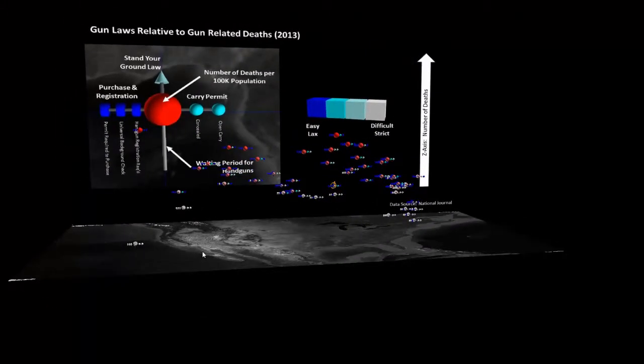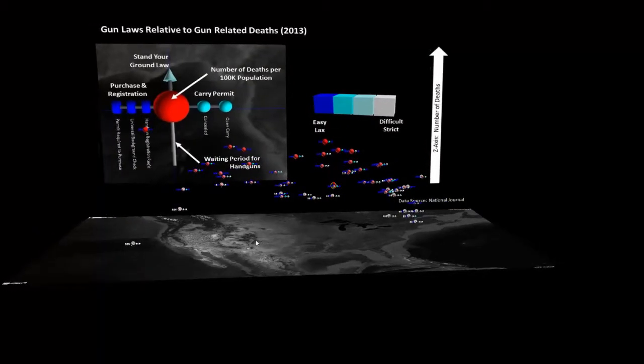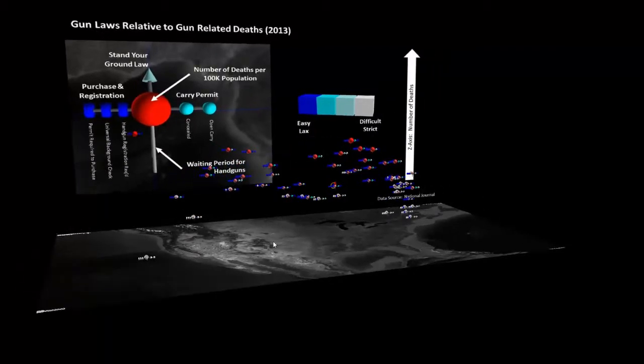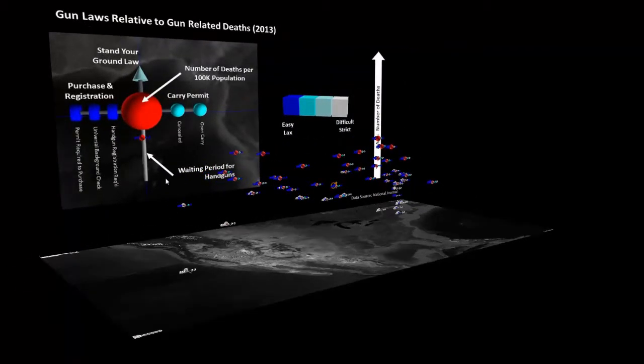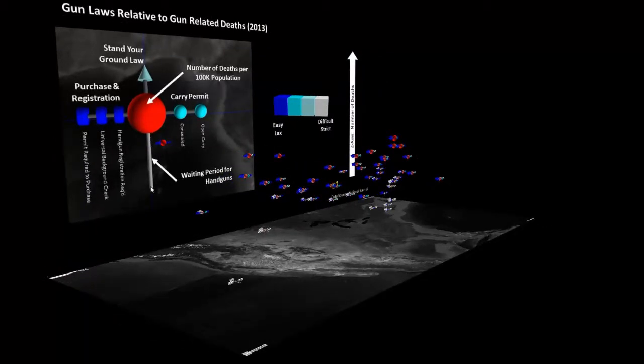And then, based on the data that the National Journal put out, we visualized whether the difficulty or ease of purchasing and registering a firearm in that state, the ease or difficulty of obtaining a carry permit, data on whether there's a stand your ground law in place, and then the waiting period for handguns as well, is indicated by the length and color of this bar.